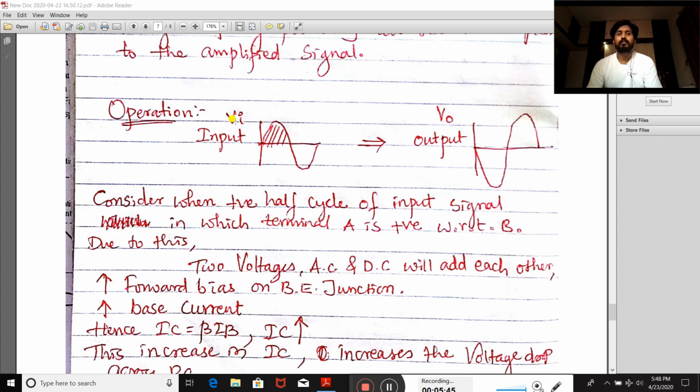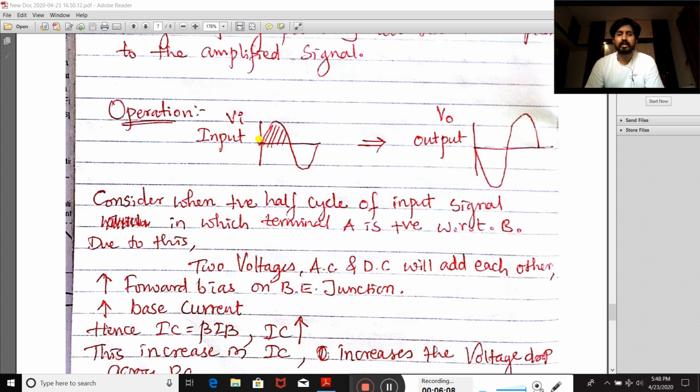Consider Vi the source signal you are giving, and at the output side you are going to get this type of amplified signal. How? Let's see here. There is the applied AC signal of 1 volt and another DC voltage, which will add to each other.